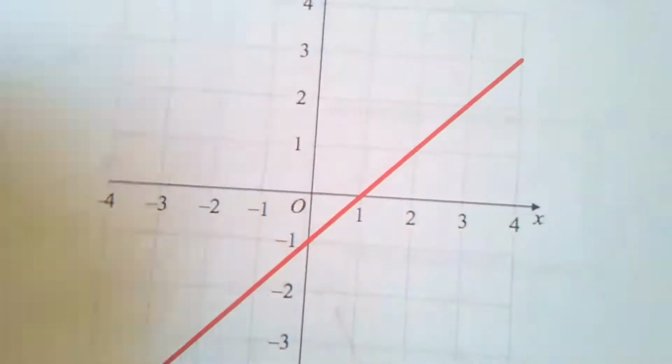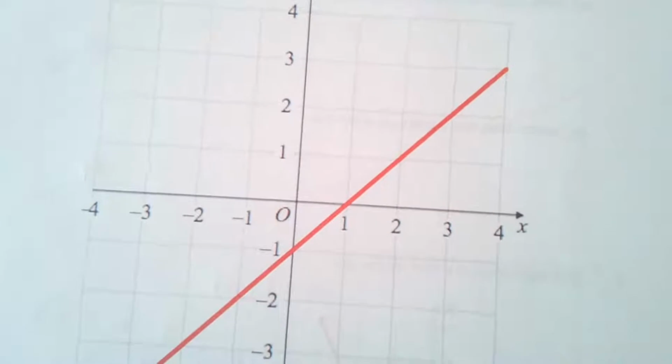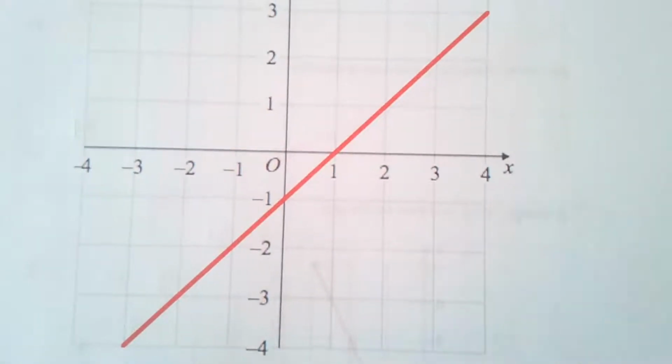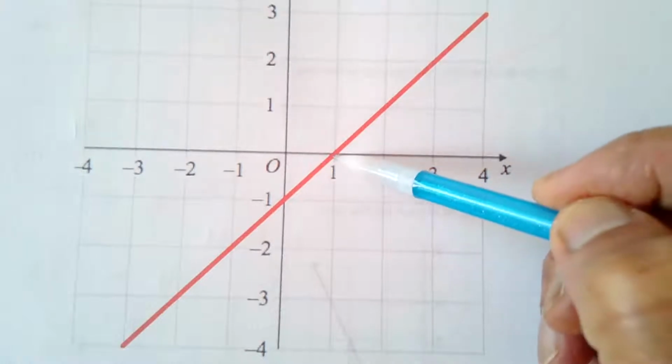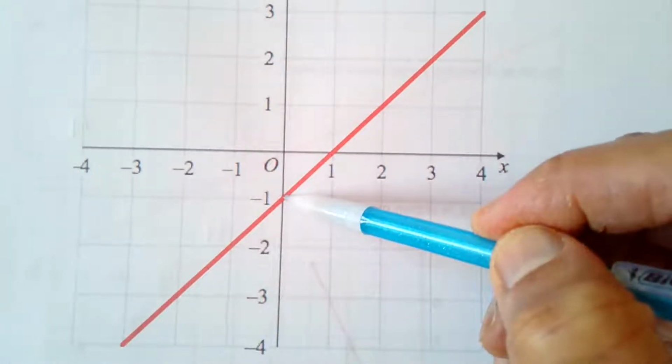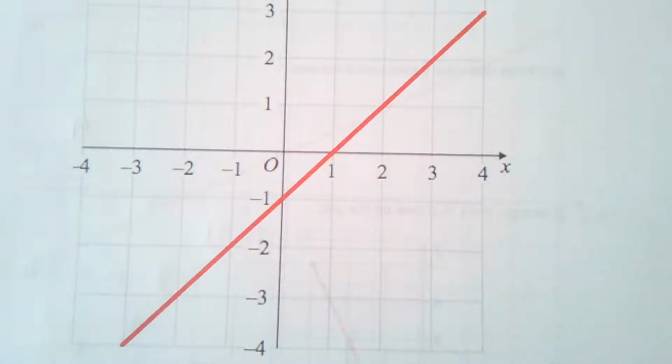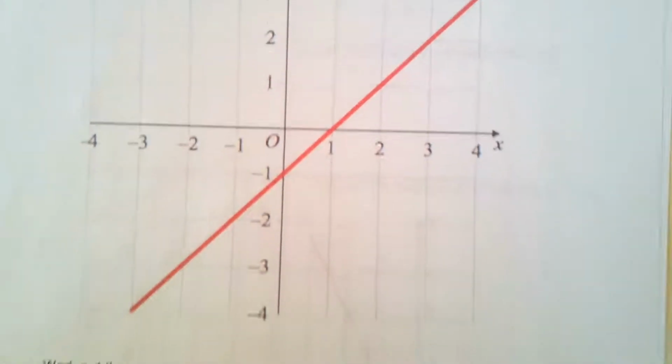Now we have a different line. So go back to my equation. I'll just zoom out a little bit here.